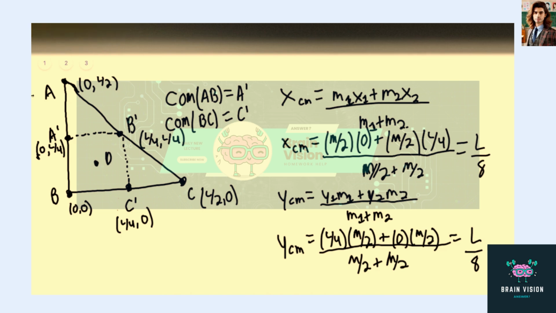And essentially, we're trying to find the moment of inertia about an axis perpendicular to this plane, passing through the midpoint of a line connecting its two ends. So we're going to try to find the moment of inertia of IB prime.